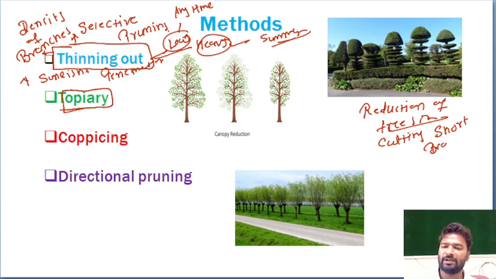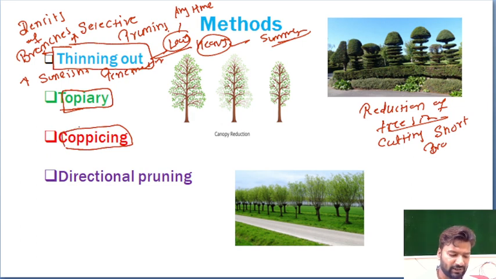Means the side branches, the extra branches, can be removed, and the large branches remain there. Then the third one is coppicing.